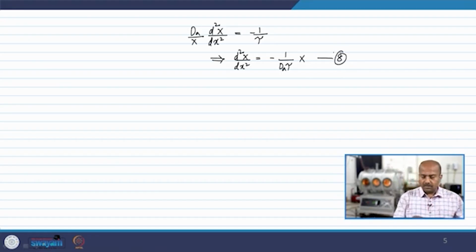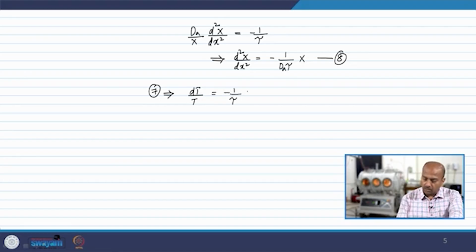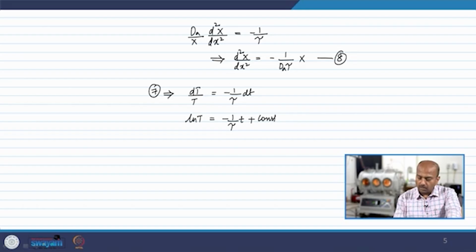Now, let us try to solve these equations. From equation number 7, we have dT by T is equal to minus 1 by tau dt. If we integrate both sides, we have ln T is minus t by tau plus a constant.